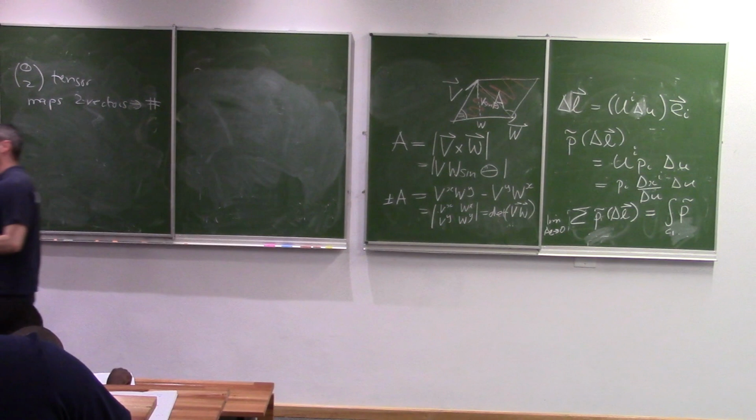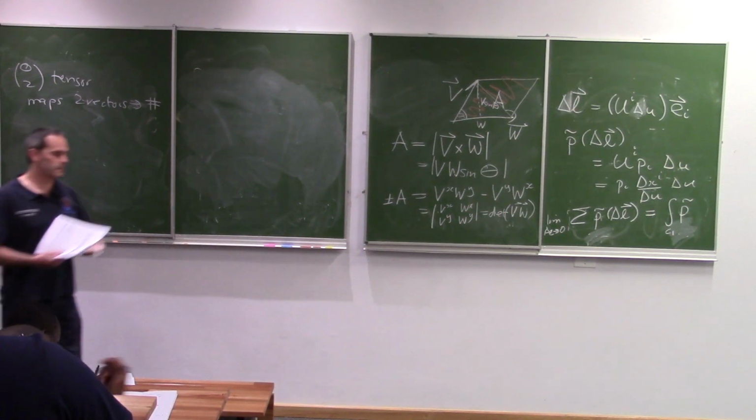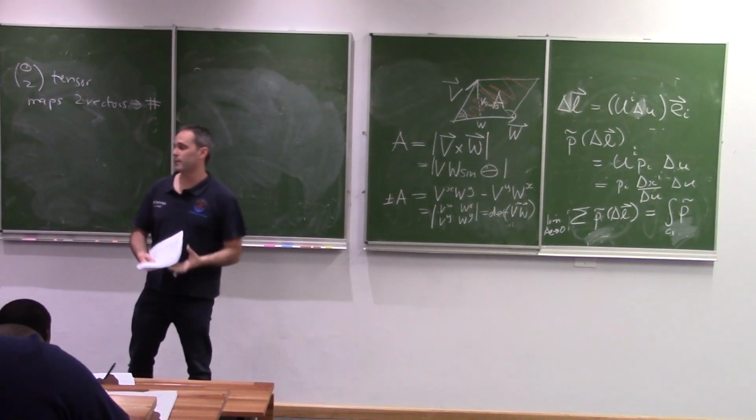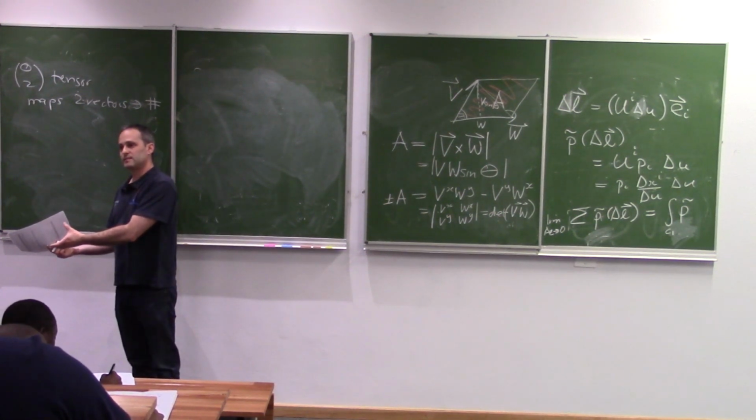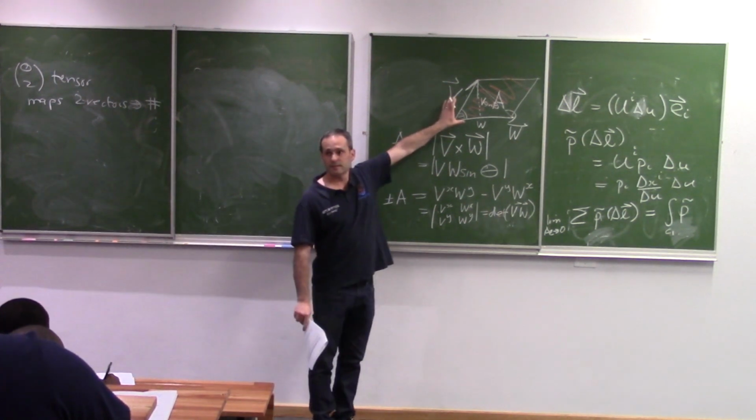But now I want to construct a special 0-2 tensor, one that when I give it two vectors, it's going to give me the area of the parallelogram defined by those two vectors.